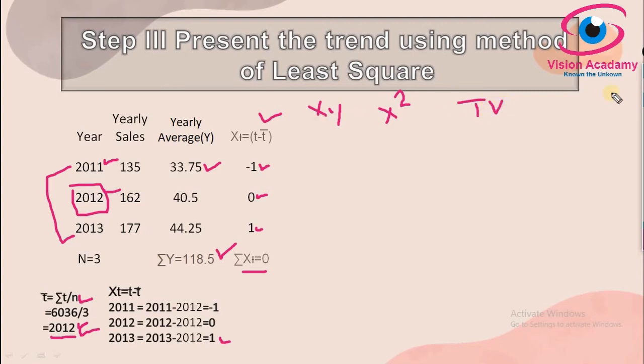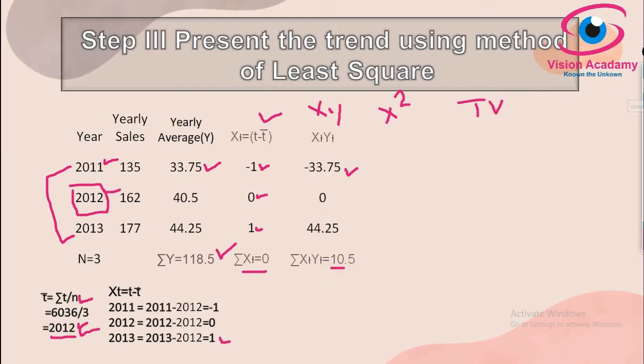Now let us concentrate on xy. xy is simply the average y into xt. So here 33.75 into minus 1 is minus 33.75, 40.5 into 0 is 0, and 44.25 into 1 is 44.25 only. 44.25 minus 33.75 gives summation xy as 10.5.